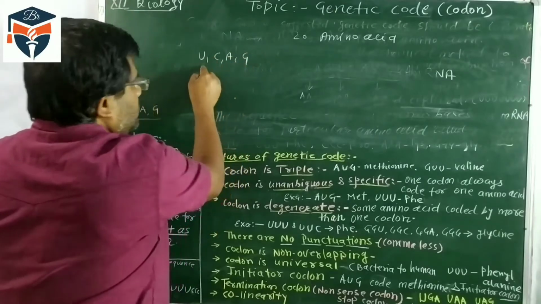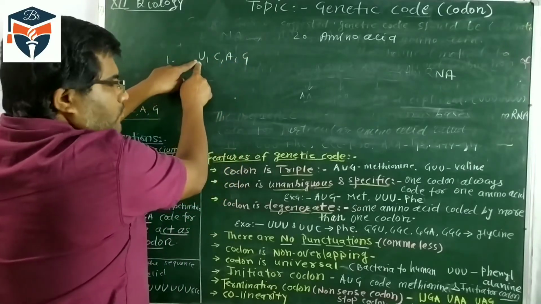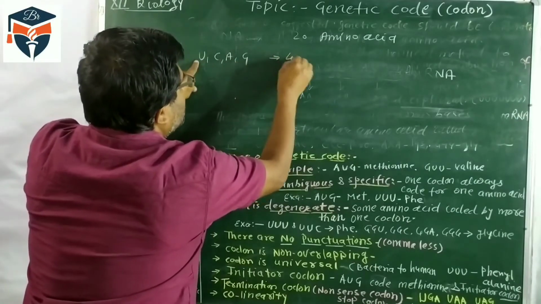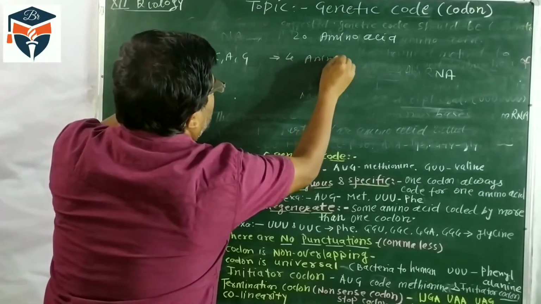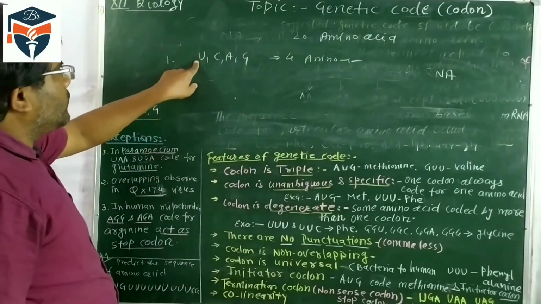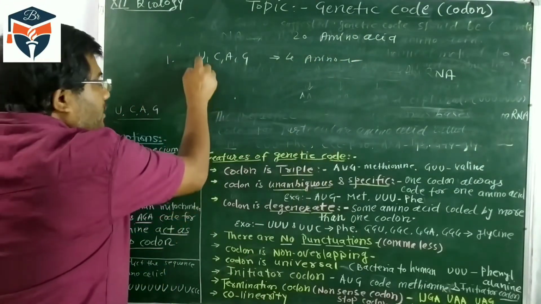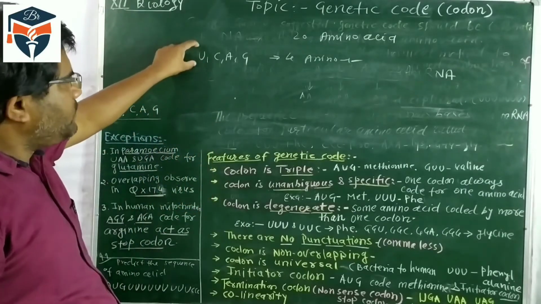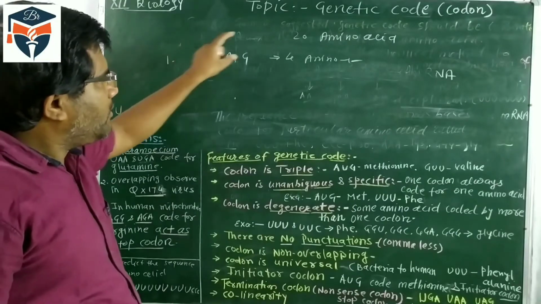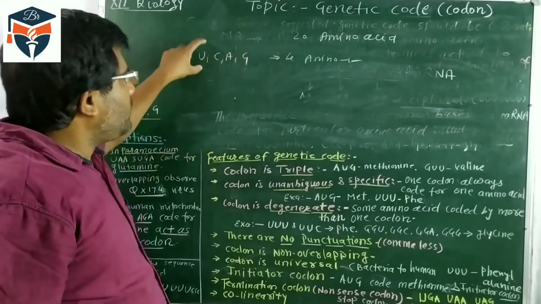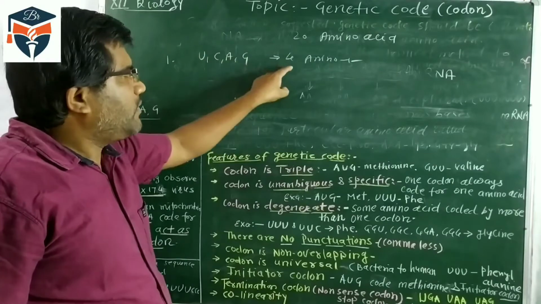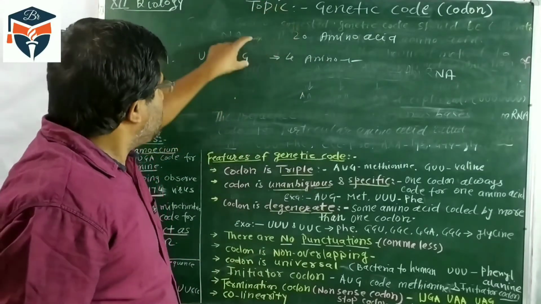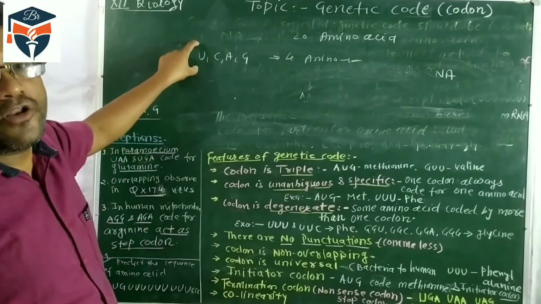So if each nitrogenous base synthesizes one amino acid, there will be formation of only 4 amino acids. But we should have 20. So a single base is not enough.